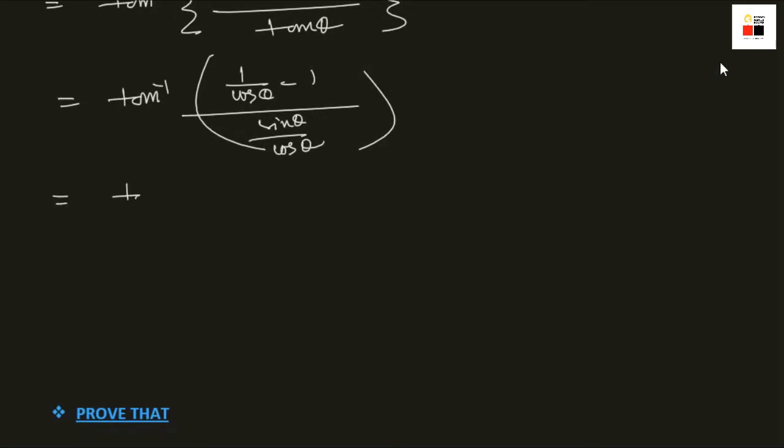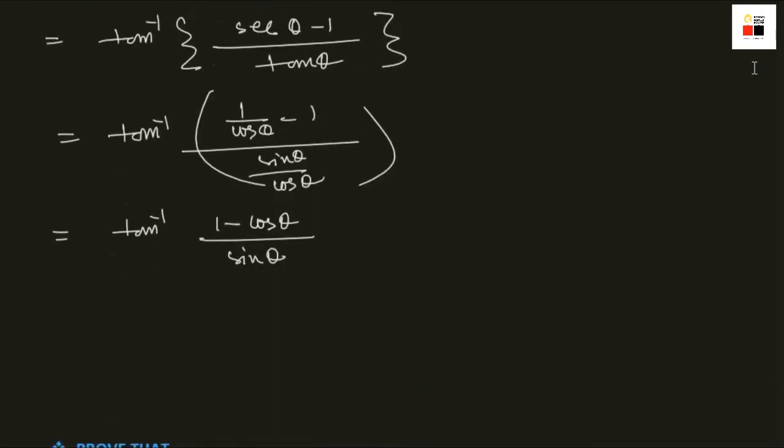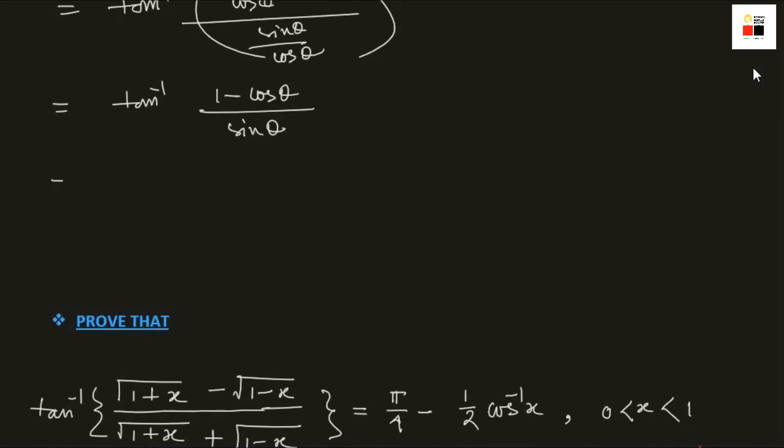This is equal to tan inverse of 1 minus cos theta divided by sin theta. This is equal to tan inverse of 2 sin square theta by 2 divided by 2 sin theta by 2 cos theta by 2.